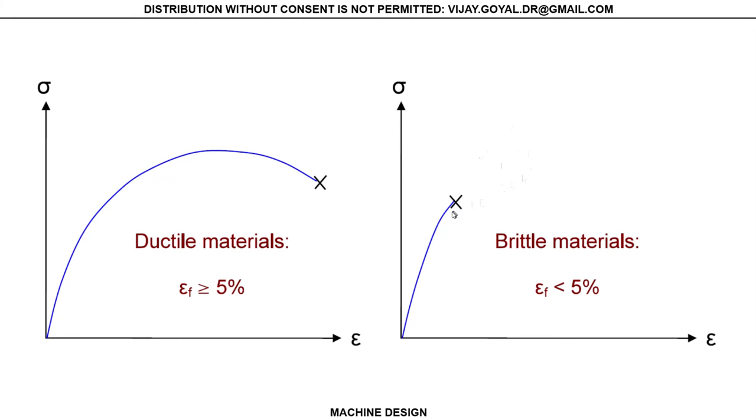You don't have plasticity. So you can talk about plastic strain less than 5% in 2 inches, and we summarized this last time. Brittle materials are materials that suddenly break.